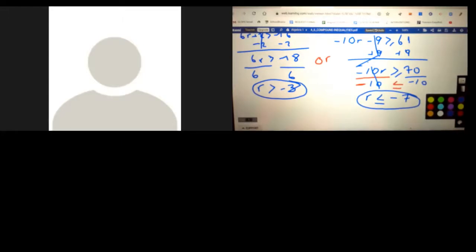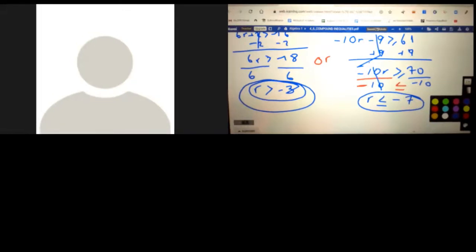But let's first think about what this answer is telling me. The answer set that I need can be either greater than negative 3 or less than or equal to negative 7. So the or means either one of them is okay.